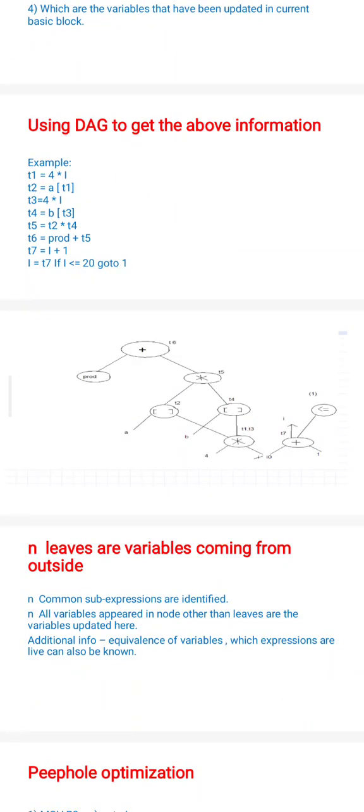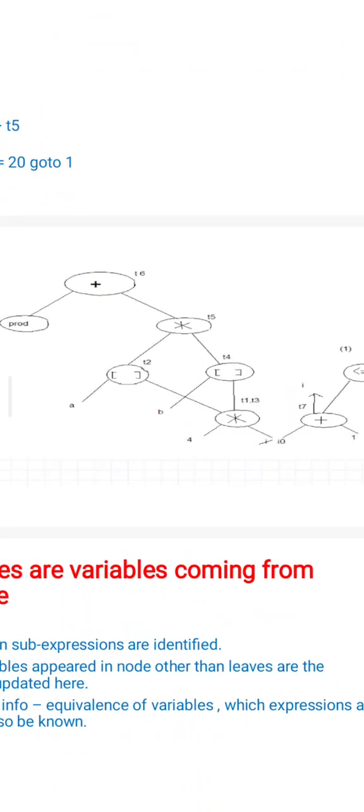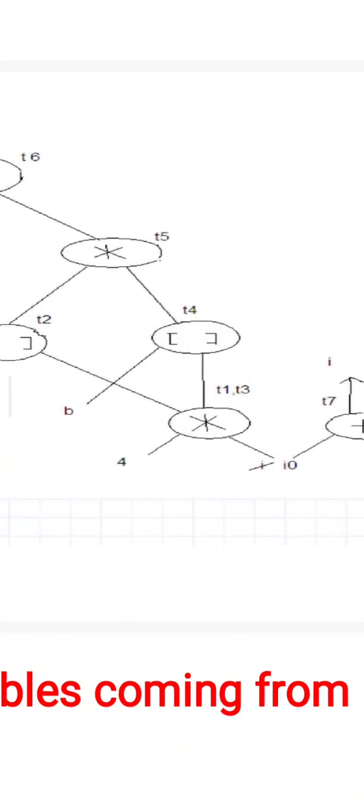In this diagram, the common expressions can easily be found. In this example, at the diagram level, we can find the common subexpressions: 4 * i in t1 and t3. The t1 and t3 are the same operation, so we can store 4 * i in t1 and t3.